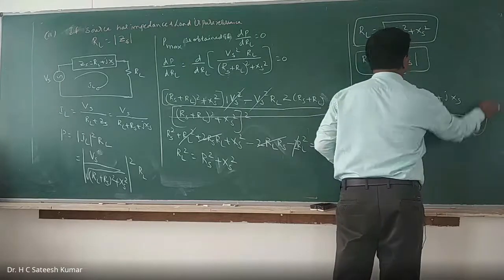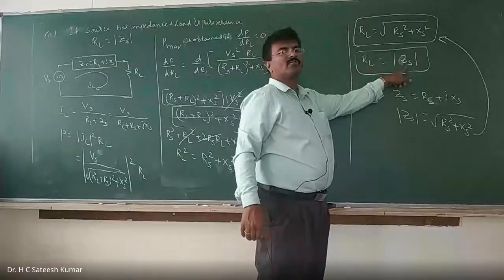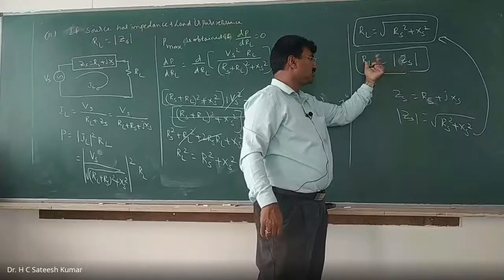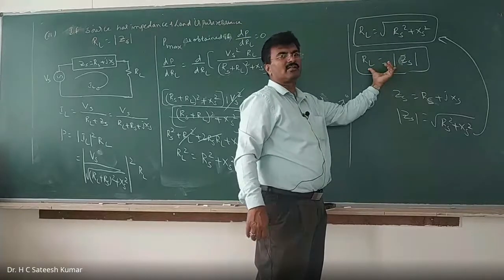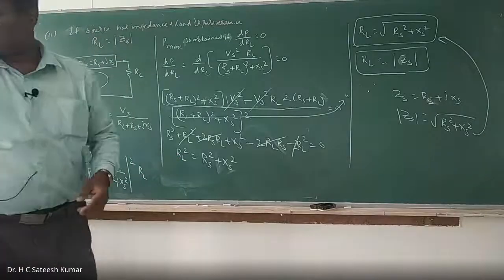That's what it is. So load resistance is equal to the magnitude of ZS. When the load has pure resistance and the source has impedance, this is the condition. So that's what the second condition is, right? So that is about the second condition.